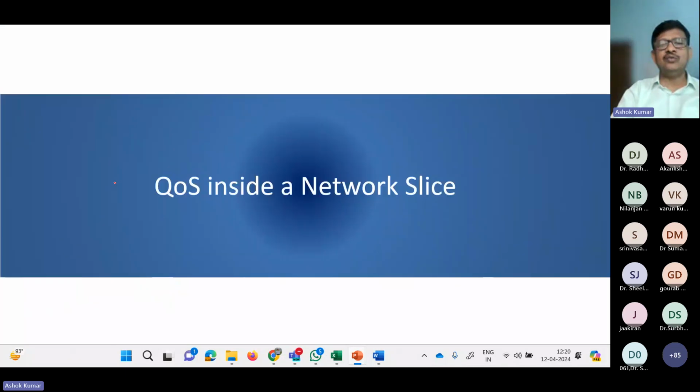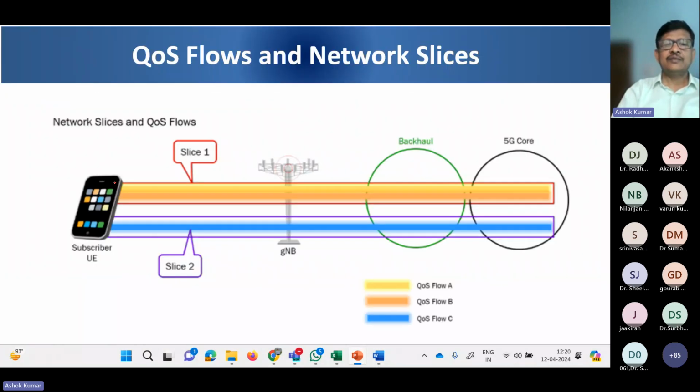So with this background, suppose I have a network slice for smartphones. Within the network slice also, I can have one or two quality of service flows. For example, here two slices are shown. In slice one, I am using two kinds of QoS, say flow A and flow B. And in slice two, I'm using only one.